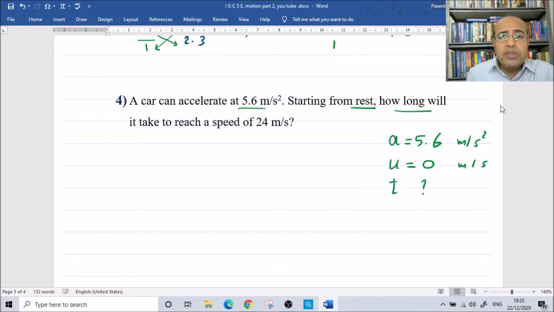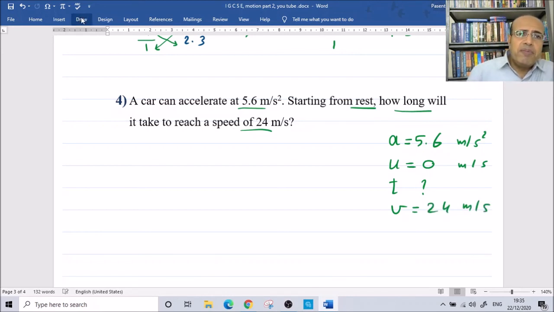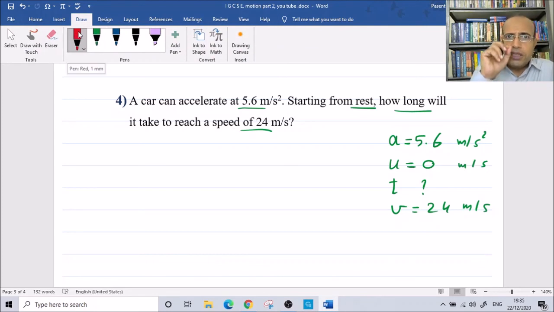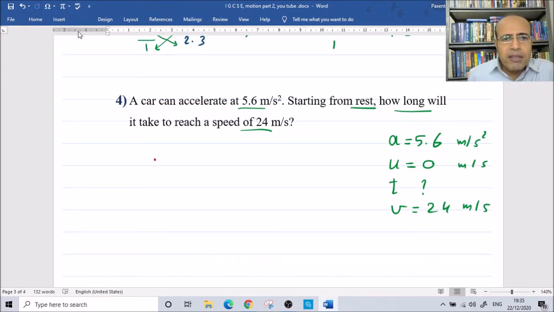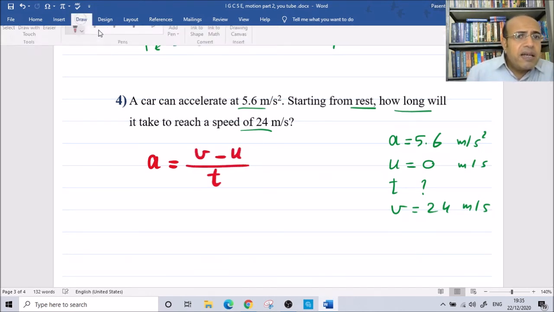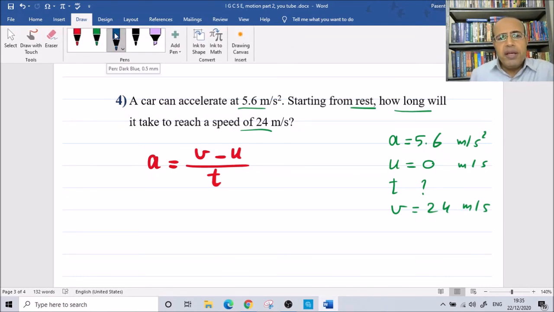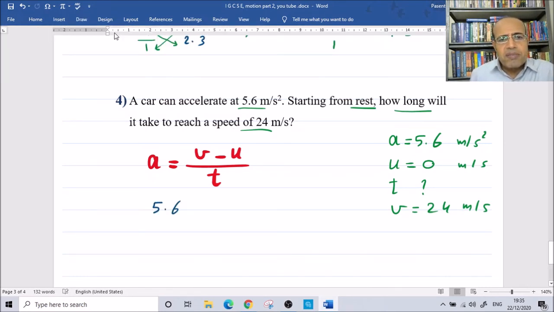So in that question, the time is required. It takes to reach a speed, so we have here the final velocity, 24 meter per second. Remember, we write the formula in each step. So the formula here for acceleration, a equals v minus u over t. The second step, substitute: a, 5.6, equals v is 24 minus u is 0 over t.